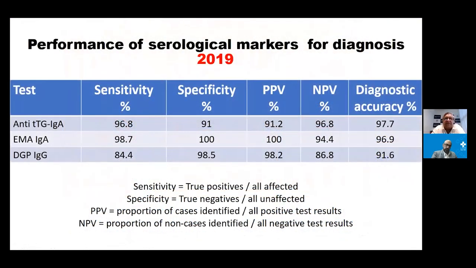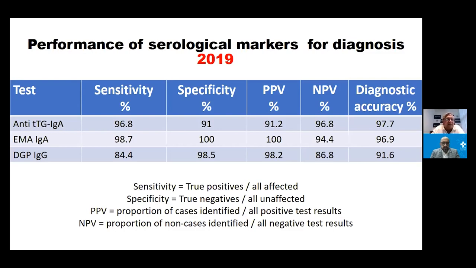In performance of serological markers for diagnosis in 2019, they found that anti-TTG had sensitivity of 96%, specificity of 91%, and diagnostic accuracy of 97.7%, and is the best method.